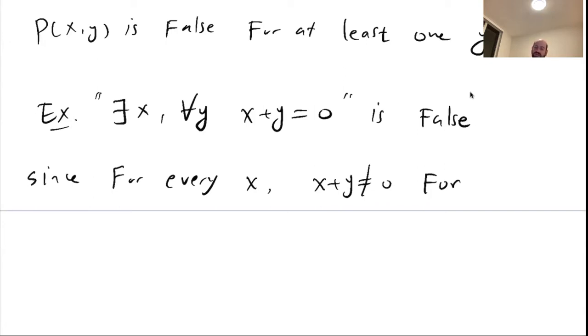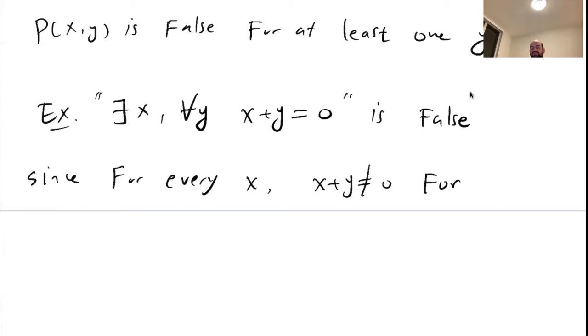But in general, remember, we have to prove a statement in general. We cannot prove by giving just examples, right? We'll get into the methods of proofs later.